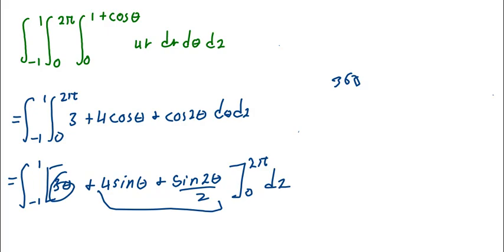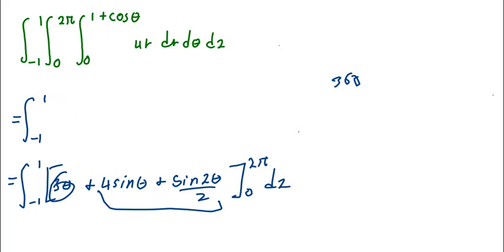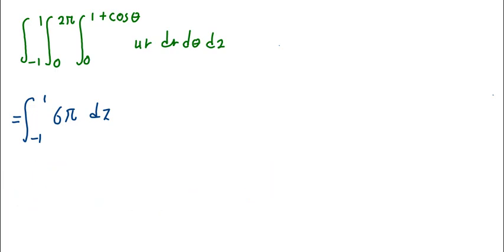So what is it going to give you? Where there's theta in the 3 theta, you plug in 2 pi, that's going to give you 6 pi. Then you have your dz there. Then let's go ahead and determine the final solution.